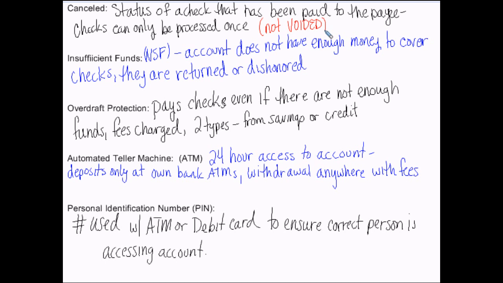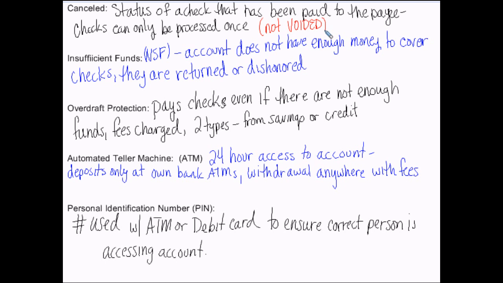I can never use check number 1221 again. That's why checks are numbered. They can only be processed once. So if my bank sees another check 1221 for any amount to any other person, they're going to deny the check because they've already used check 1221. Okay, it's been canceled. It's no longer valid.